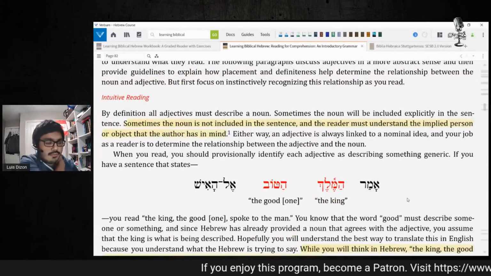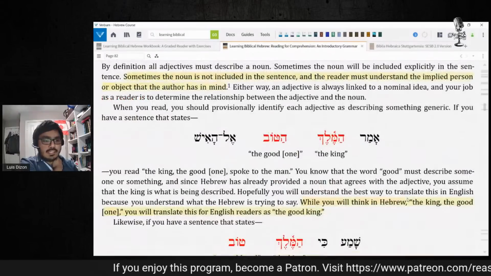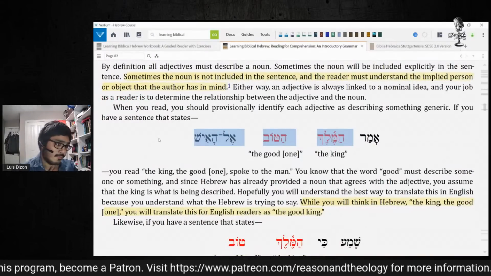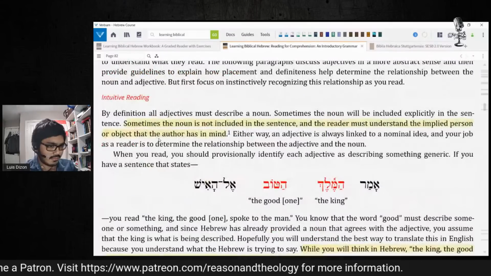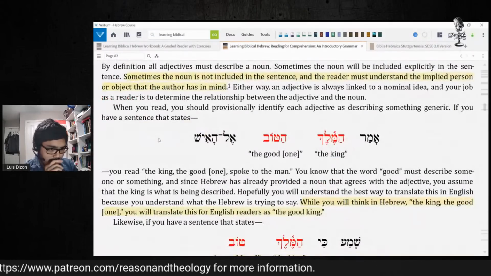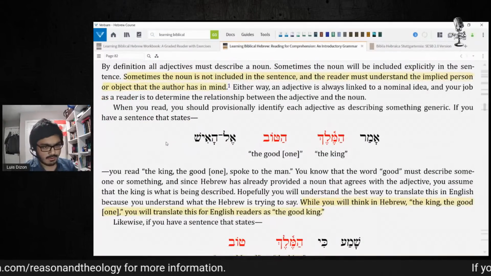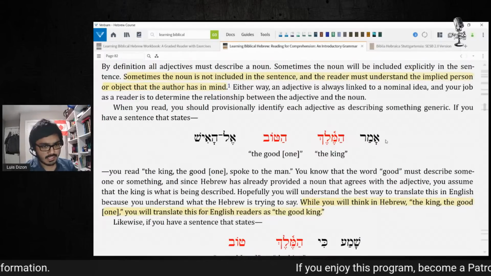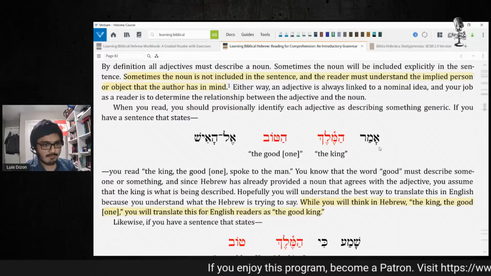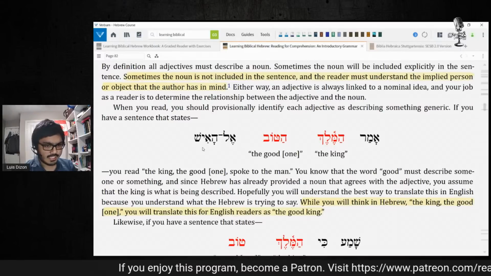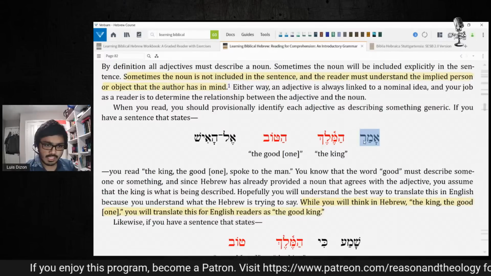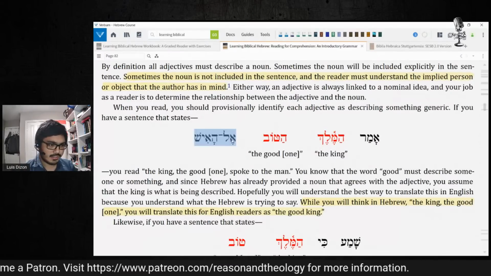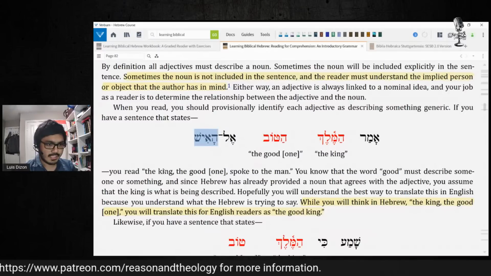One of the easiest ways to identify an attributive adjective in Hebrew is that it agrees with what it is modifying, not just in number and gender, but also in definiteness. So let's look at this. Amar hamelech hatov el ha'ish. So he said, the king, the good one, to the man.